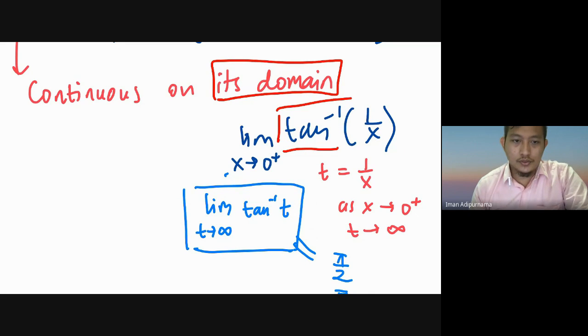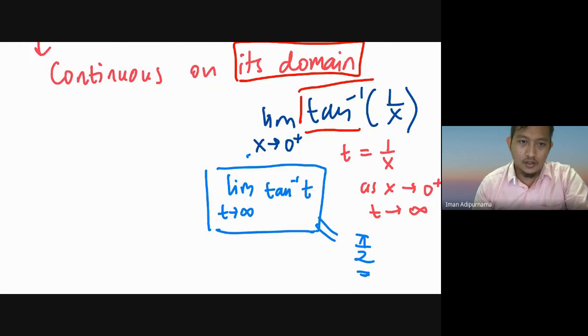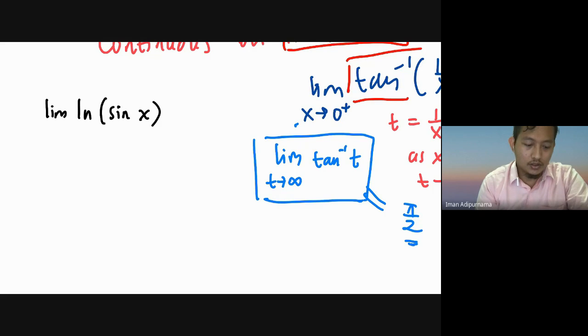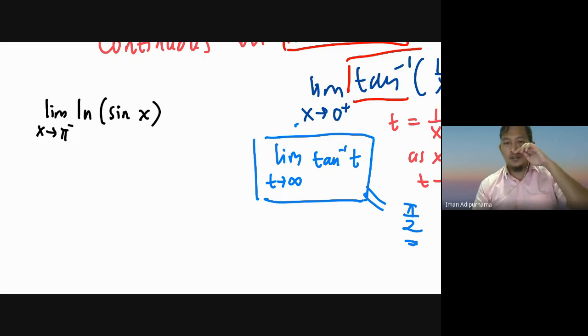Also, if you remember the other similar question, this one: ln sine x as the limit from x going to pi from the left.